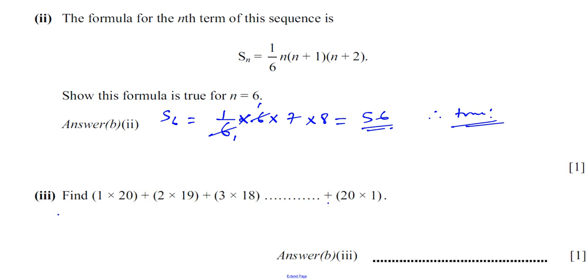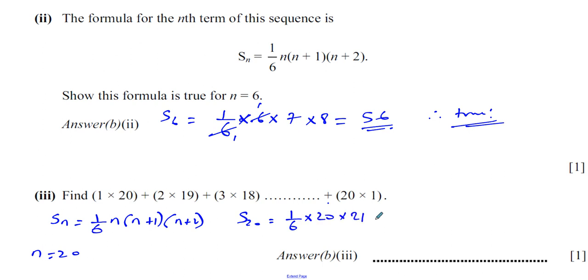We're going to say Sn equals 1 over 6 times n plus 1 times n plus 2, and our n has to be 20. So we say S20 equals 1 over 6 times 20 times 21 times 22. Now the 6 cancels with the 20, leaving you with a 10 and 3. 3 cancels with the 21, leaving you with a 7.